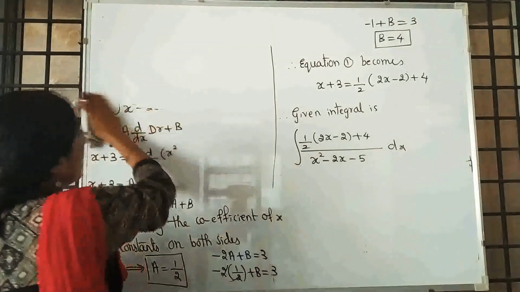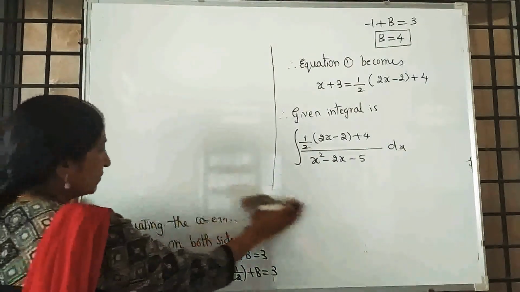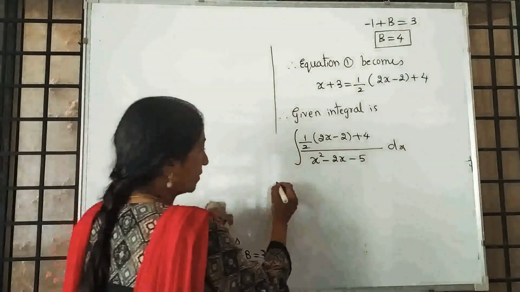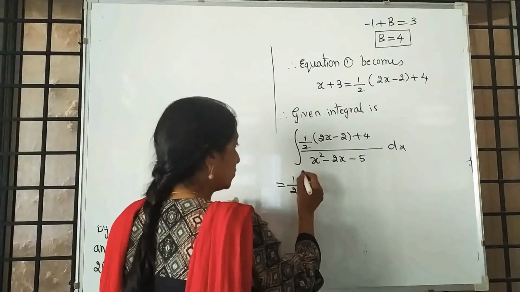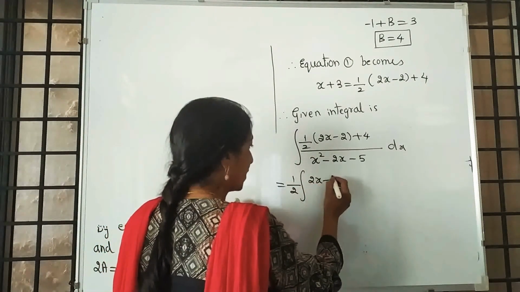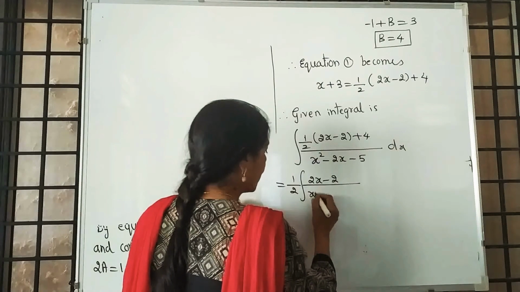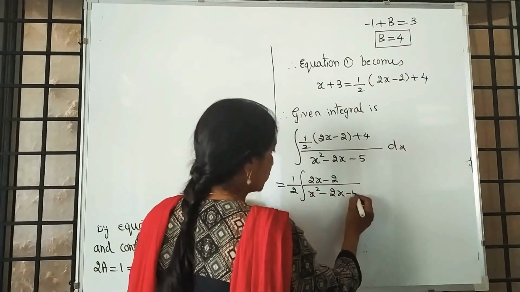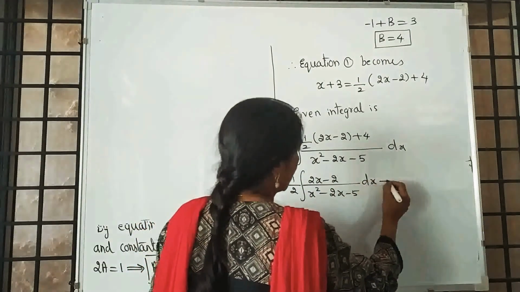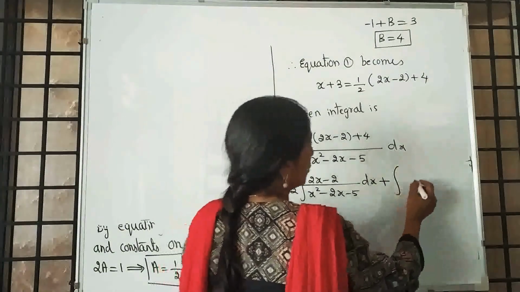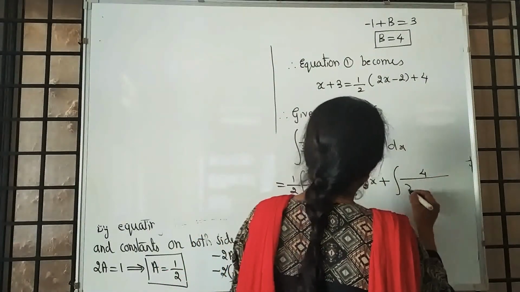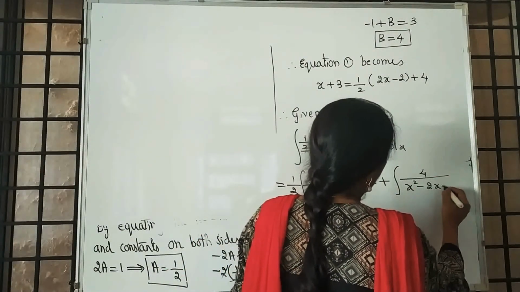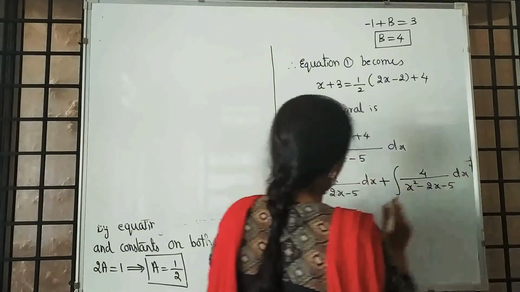Now write the denominator for each term separately. So this will be 1 by 2, (2x minus 2) divided by x square minus 2x minus 5 into dx, plus the integration separately of 4 upon x square minus 2x minus 5.